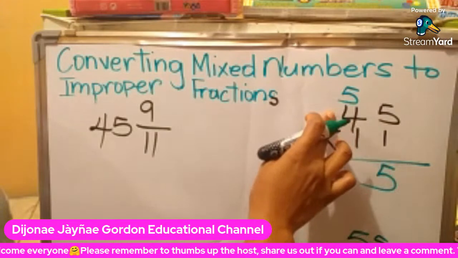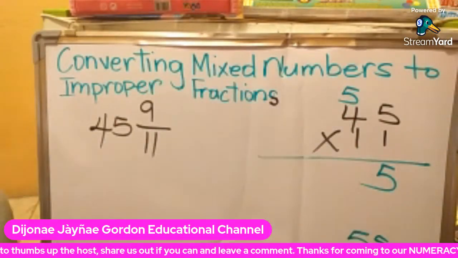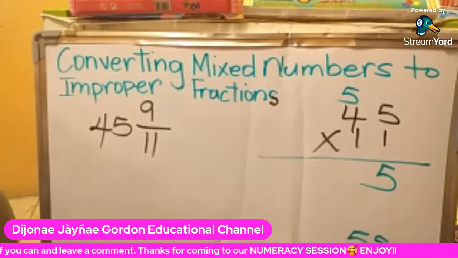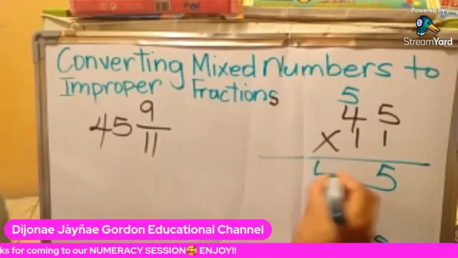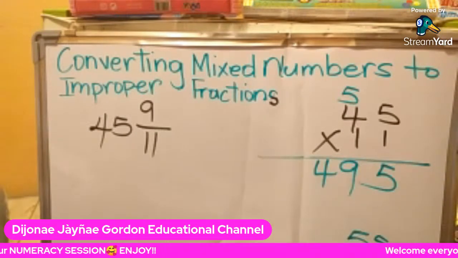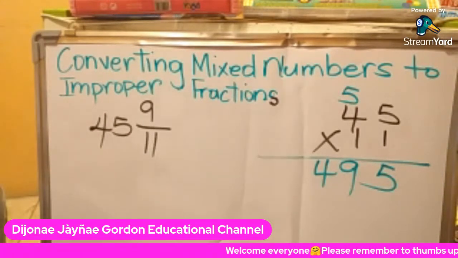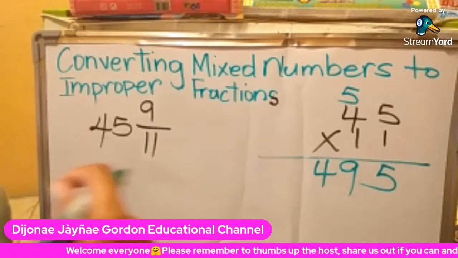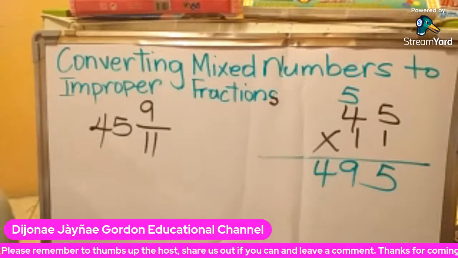So 11 multiplied by 4 is 44 plus 5. 44 plus 5 is going to be 49, right? Am I going good so far, students? Hey, Mystic, I see you're the bright one right here. I'm wondering if teacher is doing good so far. So I get 49.